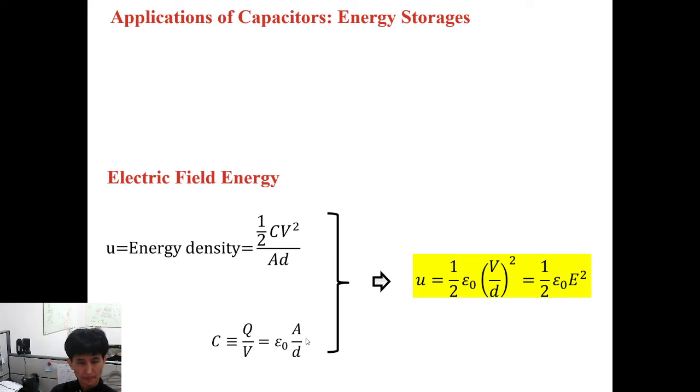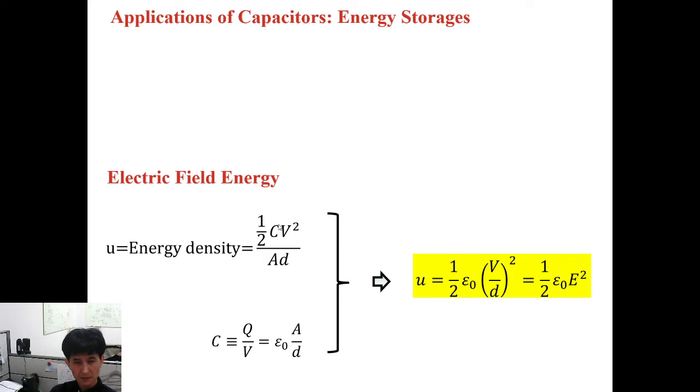So as we have C equal to epsilon 0 A over D for a parallel plate of area A and separated distance D, if we put C into this, then A cancels out, and D becomes D squared. So the energy density is 1 over 2 epsilon 0 times V over D, squared.